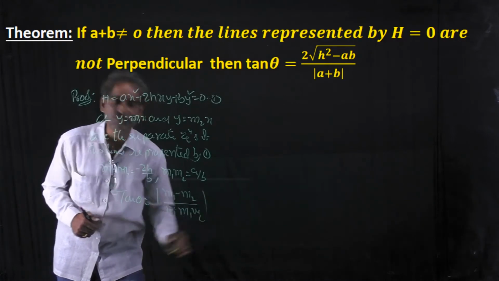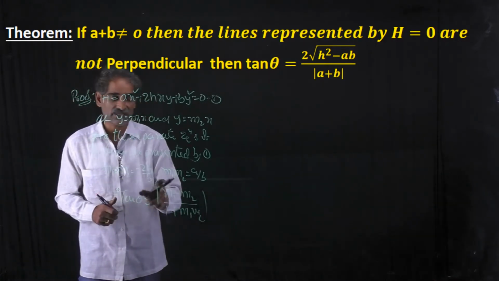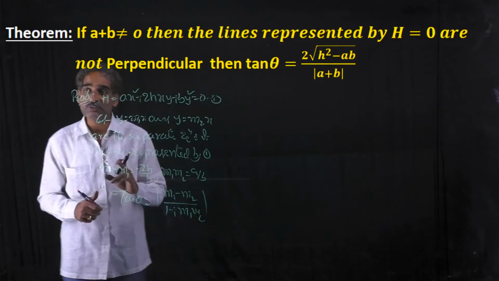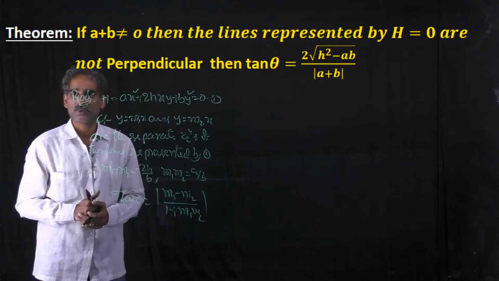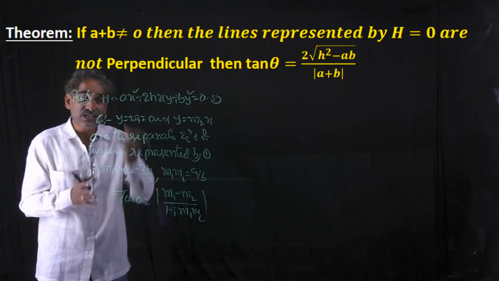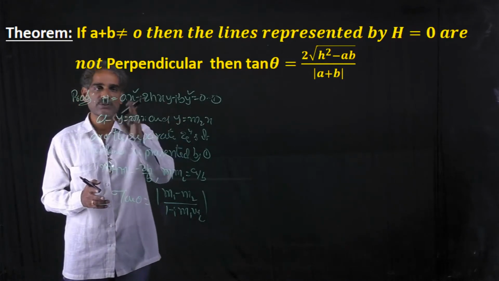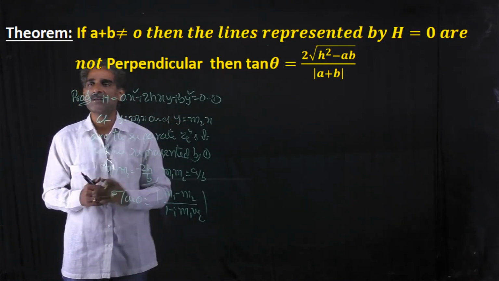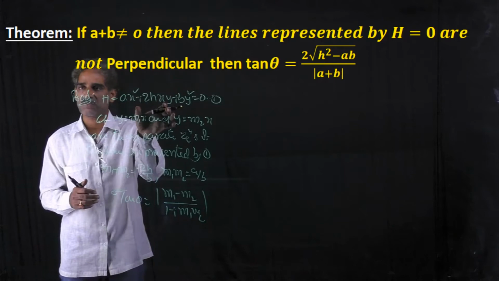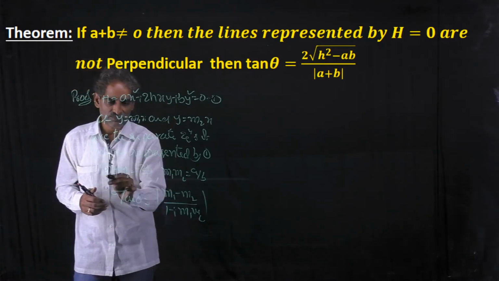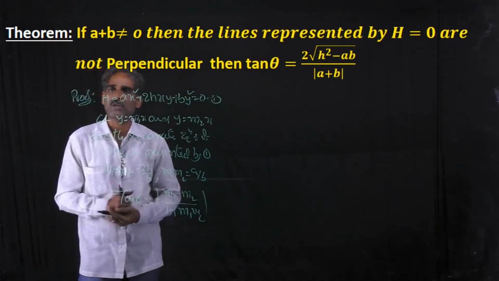If slopes of the two lines are m1 and m2, then the angle between the lines is tan theta equal to this one. But we have to express tan theta in terms of the coefficients of x square, a, 2h, b, because this is the combined equation of the pair of lines. We know that m1 plus m2 equal minus 2h by b, m1 m2 equal to a by b.